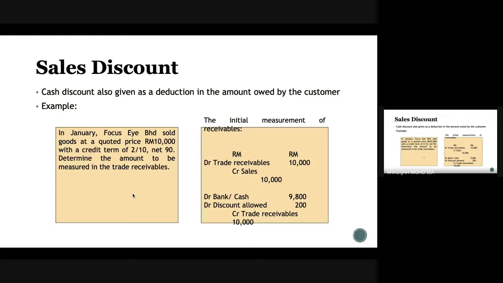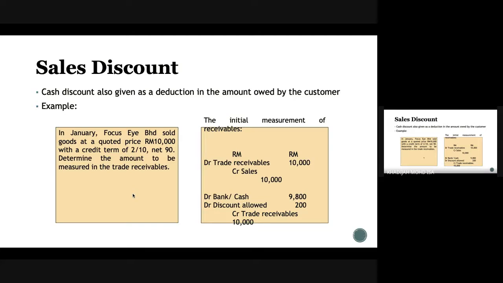Means that you only have to pay 90 days. So if the customer pays you within 10 days, then you should give them a 2% discount. So how you compute the 2% discount is that 10,000 times 0.02, which is 200.